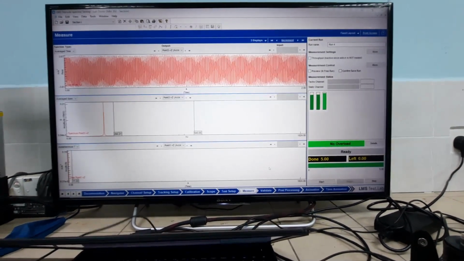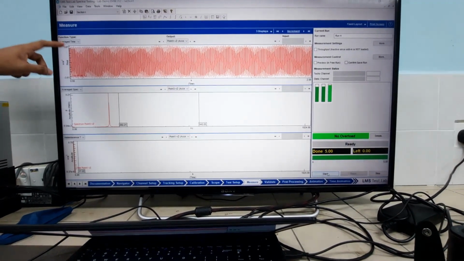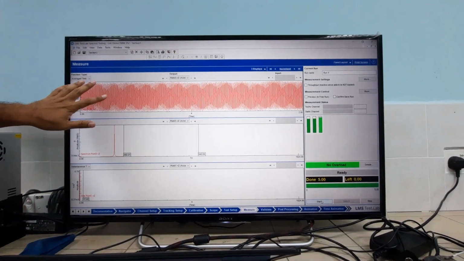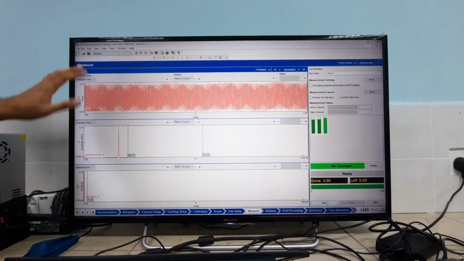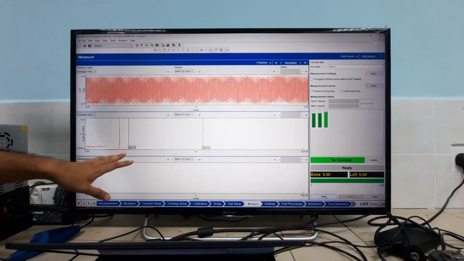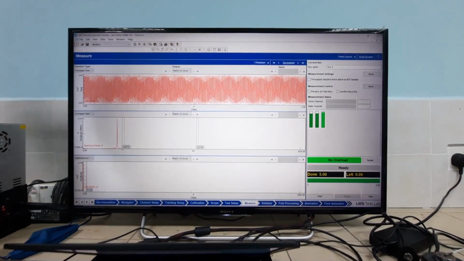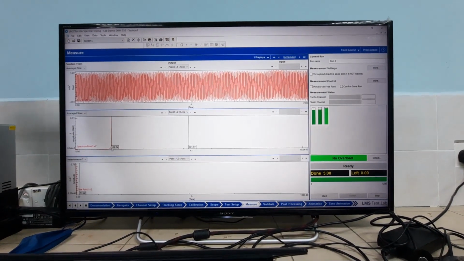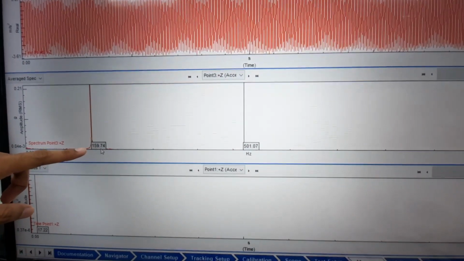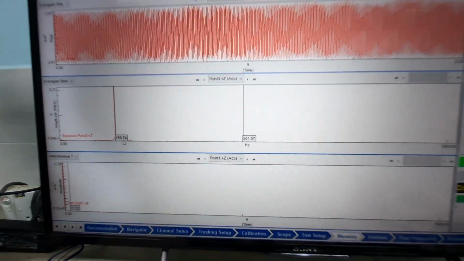When we push the start button, we get this time domain data, and if we convert it to the frequency domain, we get this type of data. If I move the cursor to this peak, it directly represents the calibrator's frequency of 159 Hz.